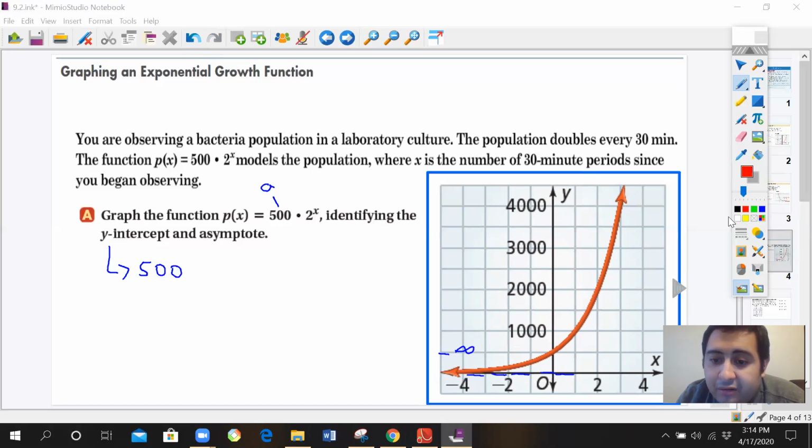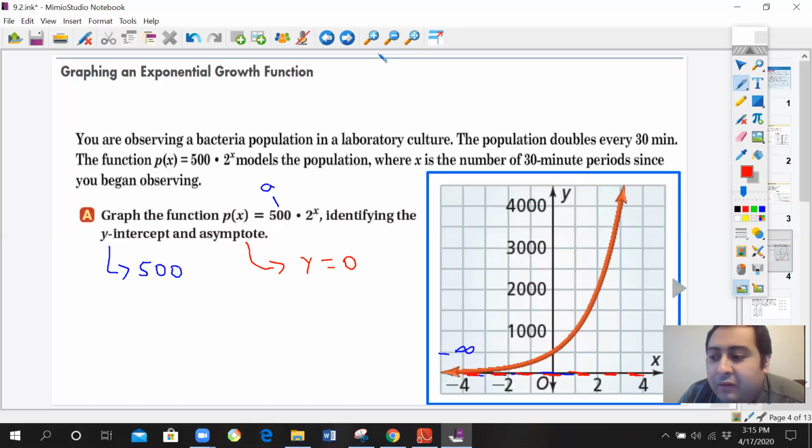This dotted line means that the curve is never going to cross it. It's going to get really, really close, but it's never going to cross this line. So your asymptote, since it's at the x-axis, is y equals 0. That's your asymptote.